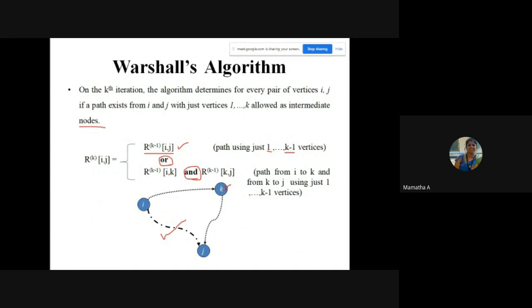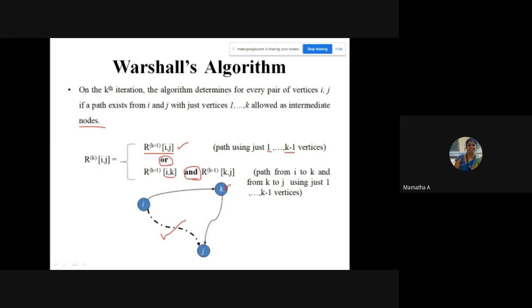Check for the path existing between I to k and k to j.